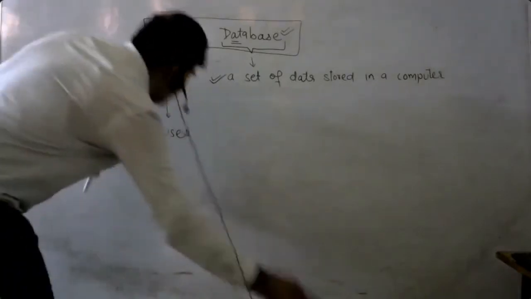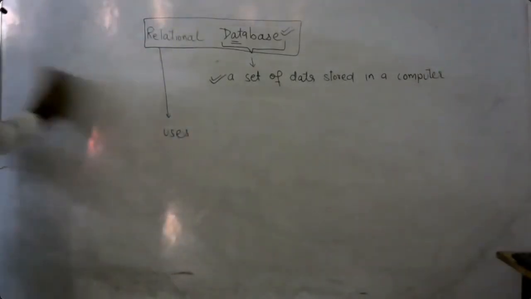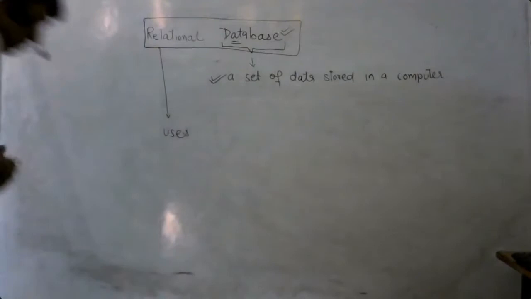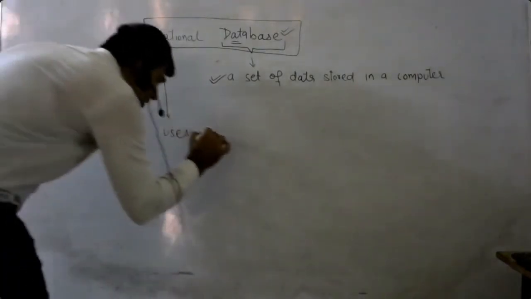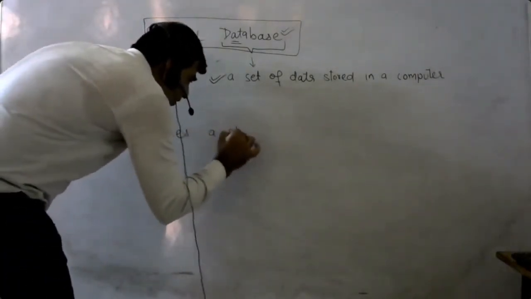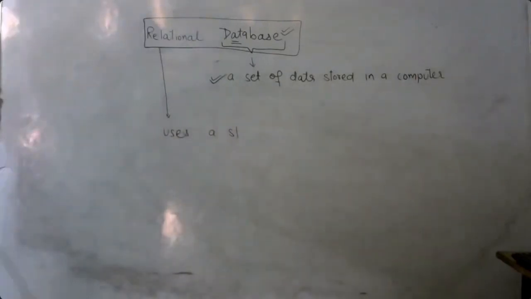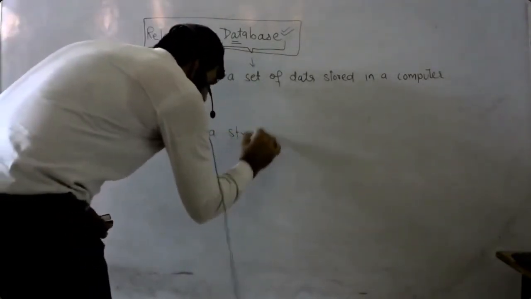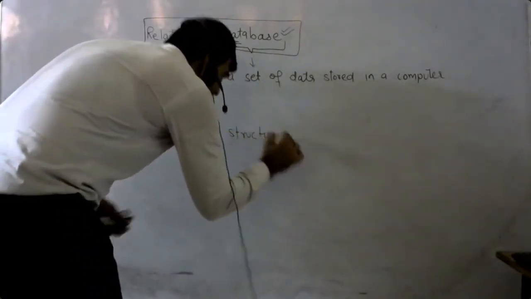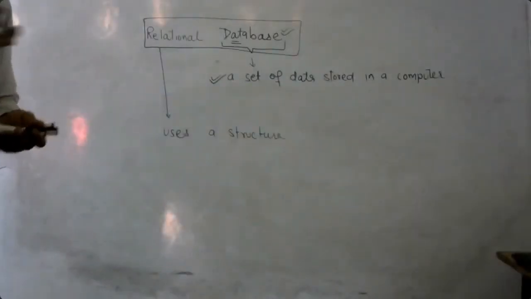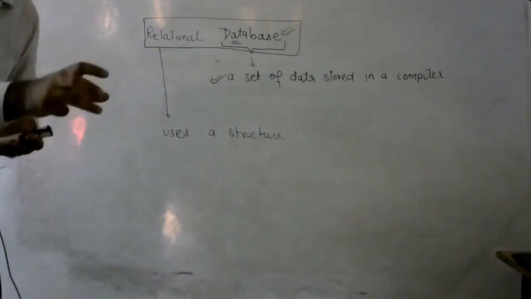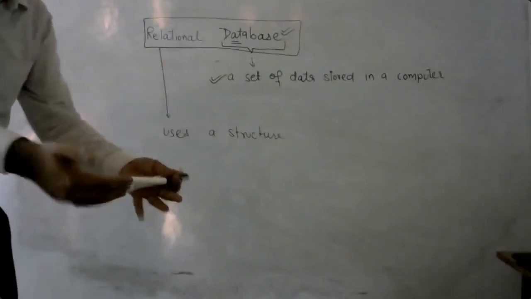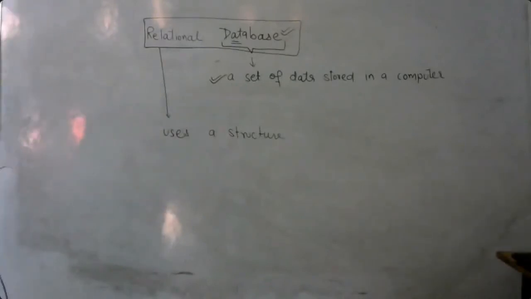So what I am trying to say is that a relational database uses a structure. The structure is developed before the development of the software, when we design the database. Why do we use this structure? When we develop the software, we will store some data, and later on we will access that data.